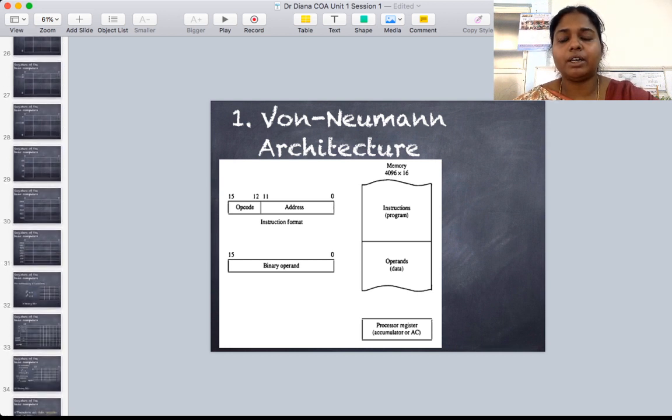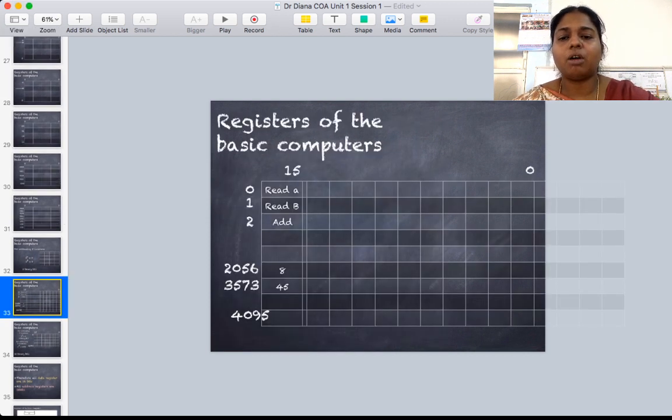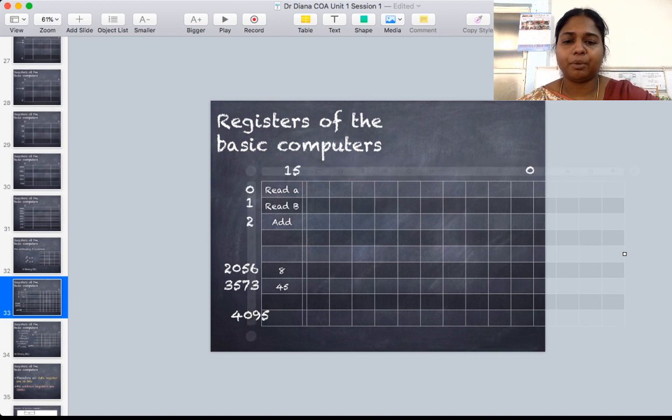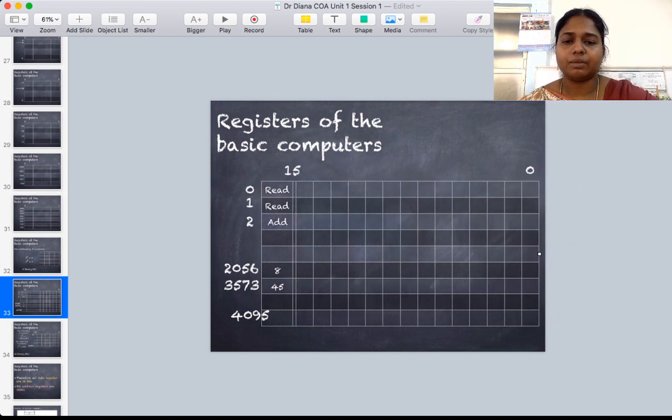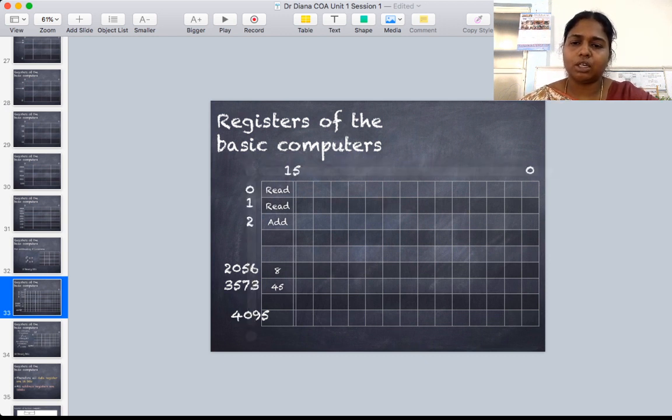So this is what we have seen, and we also started looking into how the memory is organized internally. Now, when a program is executed, say for example, this is our memory, and imagine the first few rows of the memory have the program.